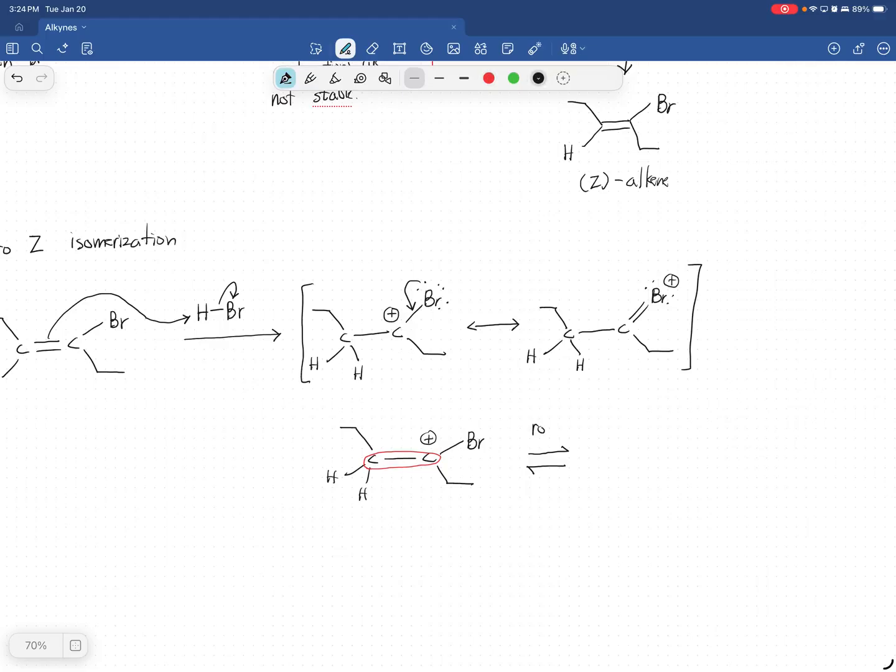So we're going to rotate around the CC bond, and now we get the carbon atoms like this. So now the carbon atoms are on the same side of that internal CC bond. And now we get this Br here still. And the carbocation's right there. And we still get the two H atoms right here. Okay?